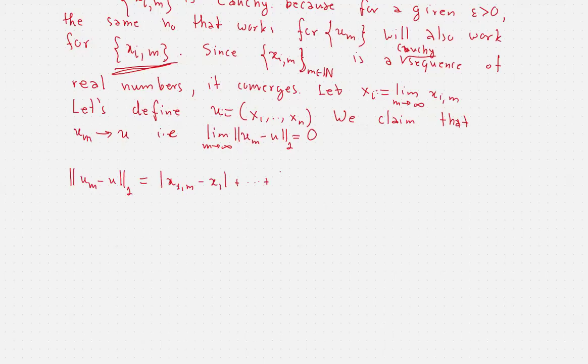Okay, that's precisely the definition of the norm. Yes, but this tends to 0. Why do they tend to 0? Because that's how we define xi. Xi was the limit of this sequence, which means that this difference tends to 0. And you have finitely many terms, so you have finitely many sequences that tend to 0. So their sum tends to 0.